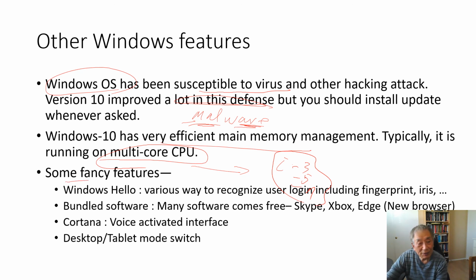Then there are some fancy features like Windows Hello, where you can log in by using a fingerprint or your eye pattern, as the camera reads your eyes and your iris pattern, and your voice can be used for login. All those features are available, and much bundled software comes with it, like Skype, which they bought.